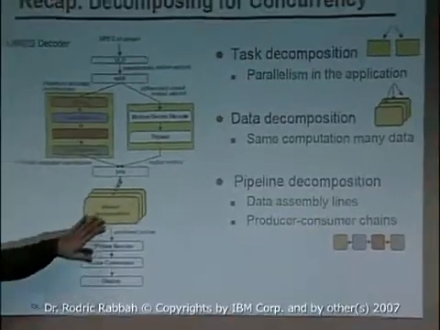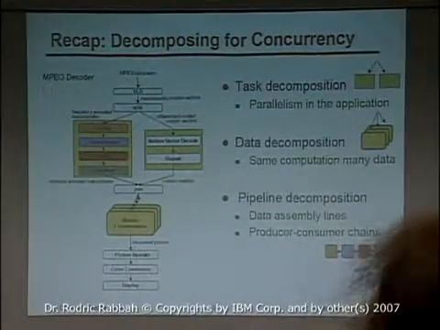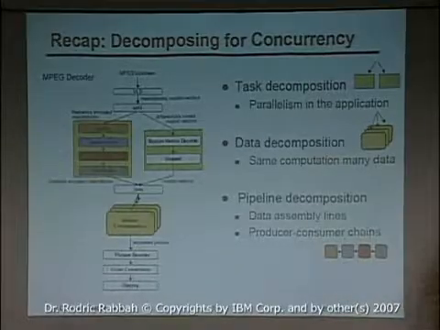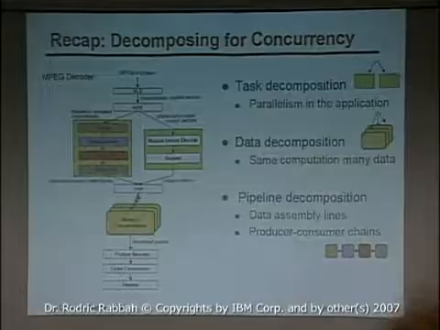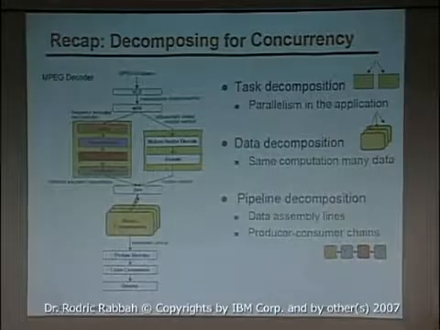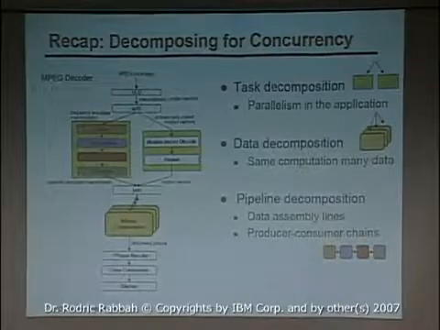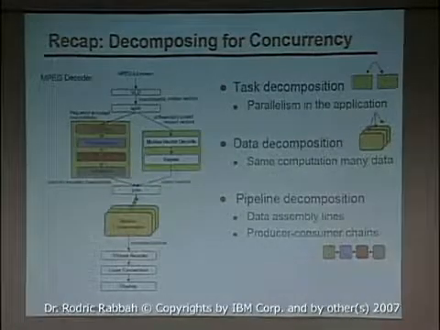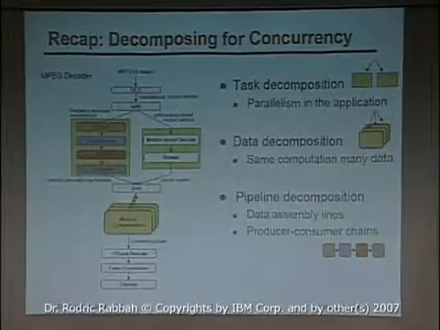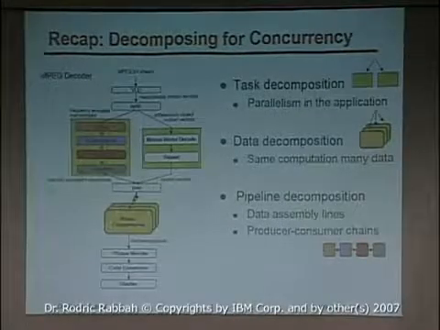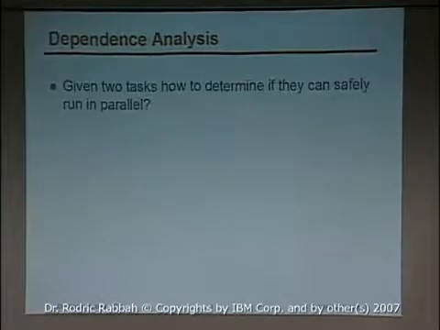In the motion compensation phase, that's one example where you can replicate the function and split up the data stream in different ways and have these tasks proceed in parallel. So it's data decomposition. And then we talked a little bit about making a case for pipeline decomposition. You have a data assembly line or producer-consumer chains, and you want to recognize those in your computation so that you can exploit them eventually when you're doing your mapping down to actual hardware.